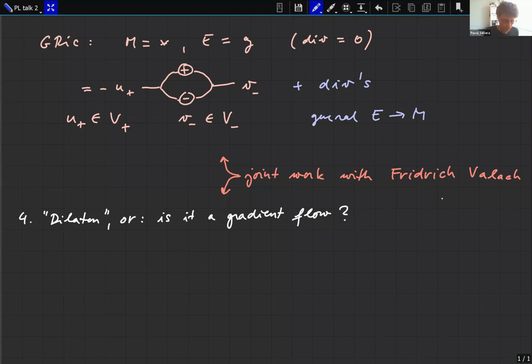For understanding that flow better, it's always a reasonable question to ask whether, for a suitable choice of a metric, it's a gradient flow, which would say something about the flow. But also for more stringy applications, people are not only interested in Ricci flow, they want fixed points of Ricci flow, and not just that, they want something called a dilaton and things like that. So let me get to it.